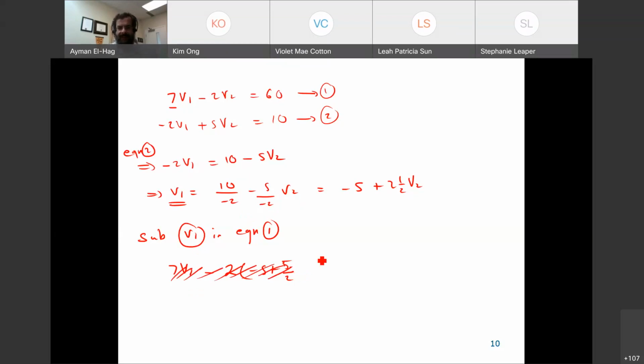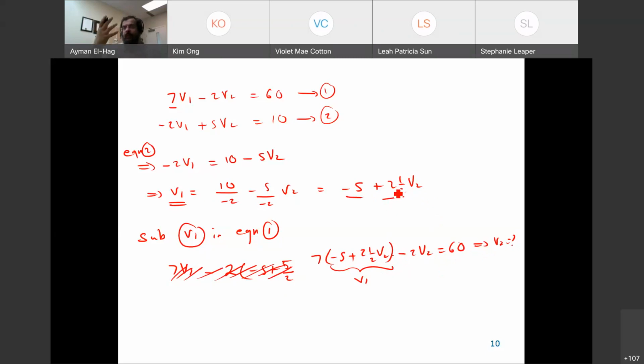So this becomes 7 times (minus 5 plus 2.5V2), that is 7V1, minus 2V2 equal to 60. So we have one equation with only V2, and we will find V2 from this. Once we know V2, we know that V1 is equal to minus 5 plus half of 5V2, then we can find V1. So this is another way.